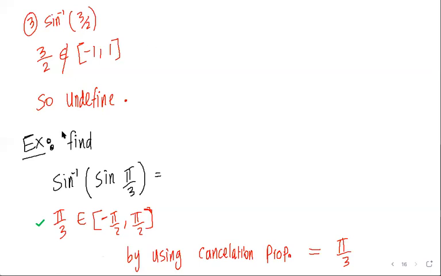So if it was sine inverse of sine of 3/2, we couldn't do that, right? Yes, exactly. Thank you.